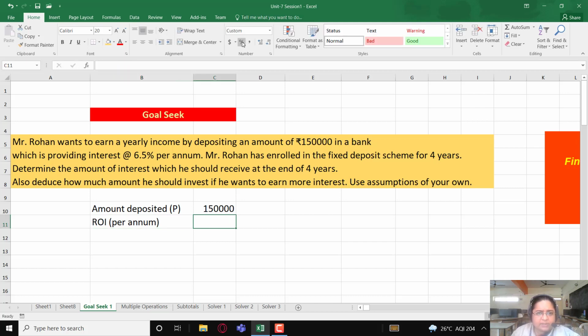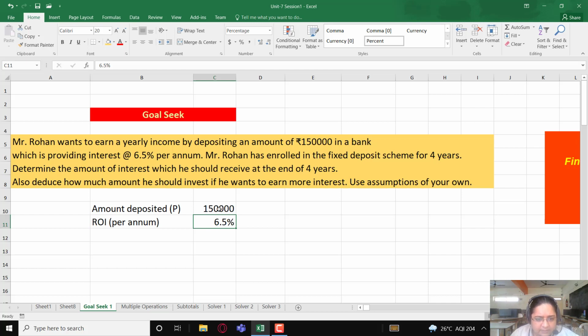So let us first format this particular cell as percentage and we'll write 6.5% over here and just give it one more decimal place so that it displays as 6.5% only.